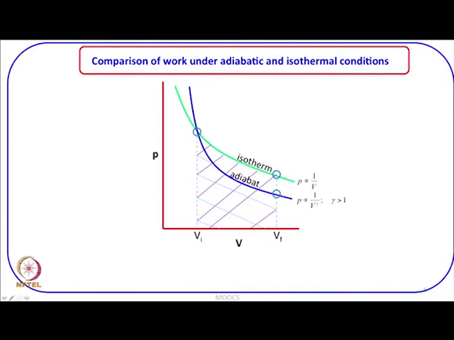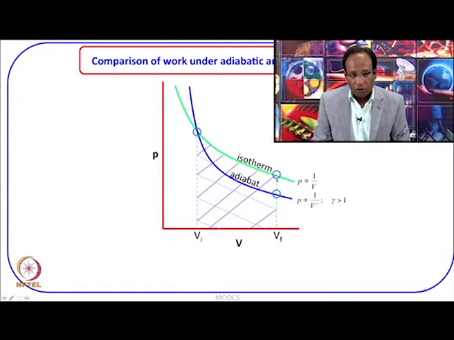And then, as we discussed in the previous lectures, the area under the curve between the specified limits represents the work available from the system. So, obviously, here the area under the adiabat between Vi and Vf is less than the area under an isothermal case.